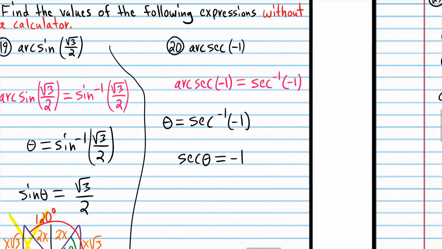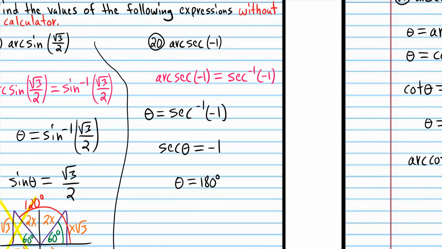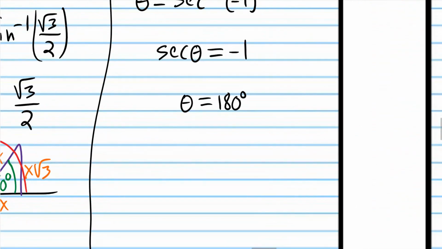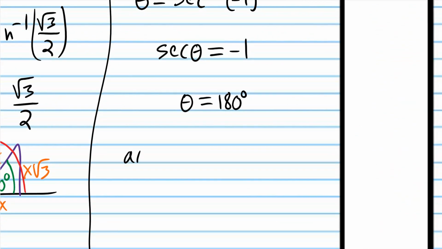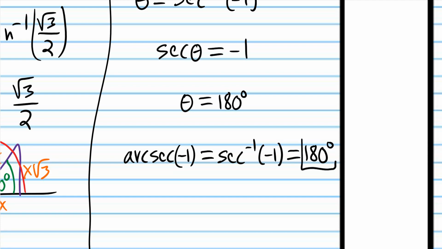So we don't need a calculator for this problem, so we don't have to change to a different function. So arc secant -1, which is also equal to secant inverse -1, we discovered it's equal to 180 degrees.